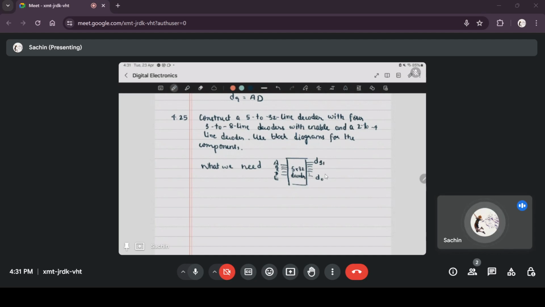And when ABCDE is the binary number 0, output D0 should be high and all others should be low. If ABCDE is binary number 1, then D1 must be high and all other lines must be low, and so on.